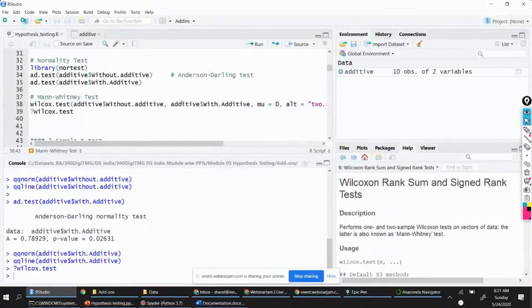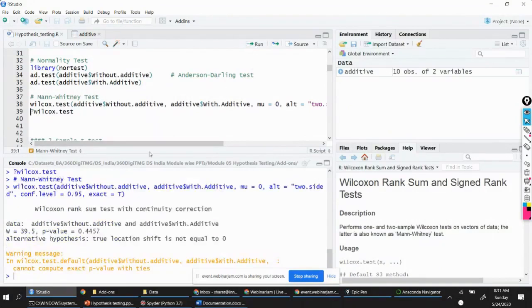Exact means true, which basically says calculate the exact values, and I execute this. So what is the p-value that we are getting? The p-value here says greater than 0.05.